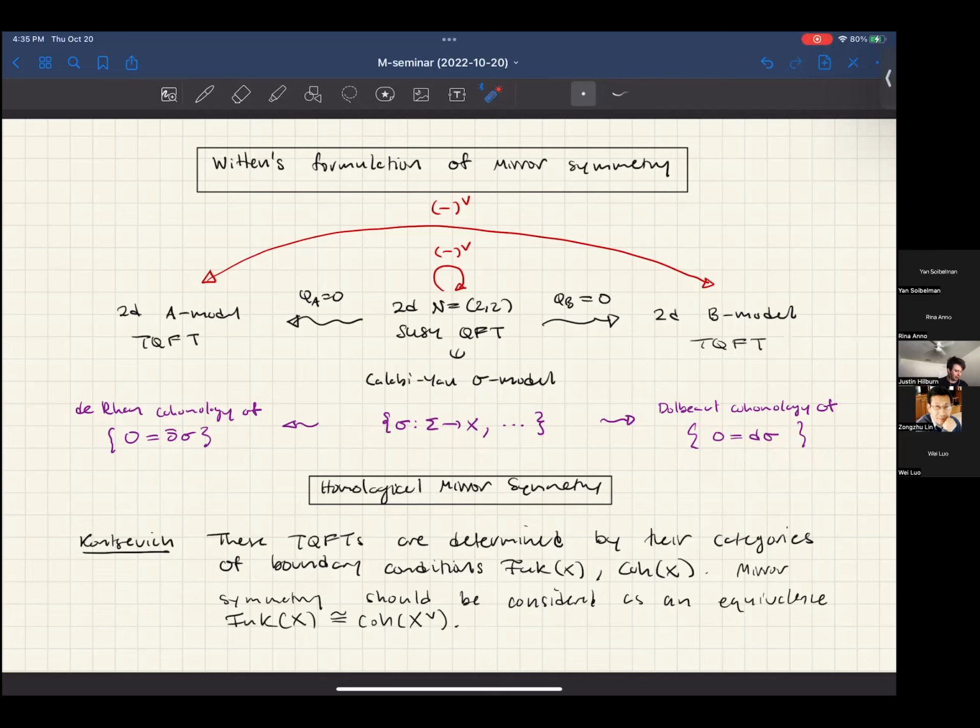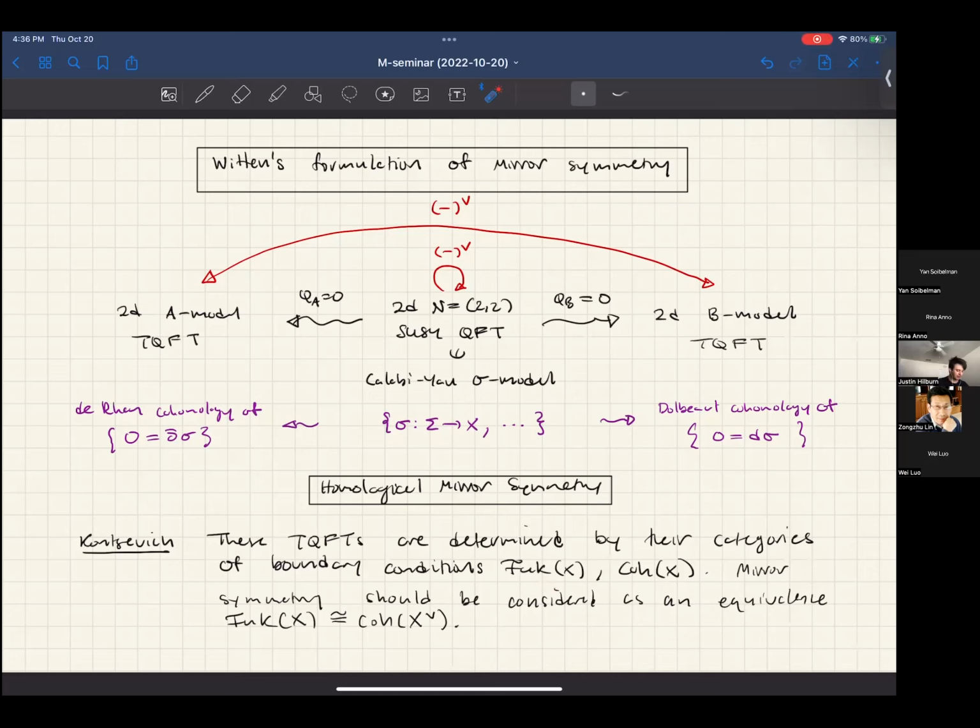And there was this amazing formulation due to Kontsevich called homological mirror symmetry, which says that these TQFTs, a priori, are some very complicated mathematical objects, but actually all of the information inside of these QFTs is determined by their categories of boundary conditions. In this case, those are the Fukaya category and the category of coherent sheaves.